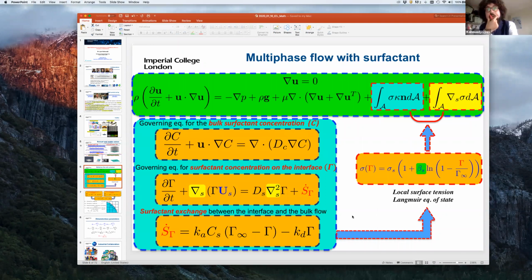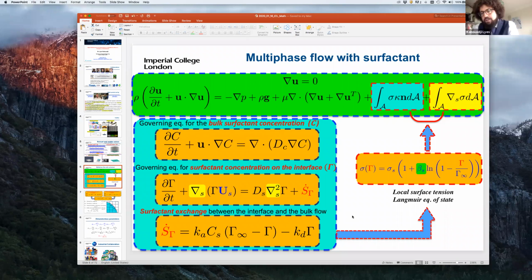Yes, good question, but in the meantime the interface will be able to adsorb or desorb. If you tune those parameters right, that's true. The surface diffusivity can be quite small sometimes. I always think of it as zero, actually. So the surface Péclet numbers tend to be quite significant.